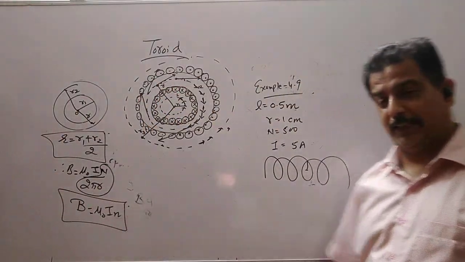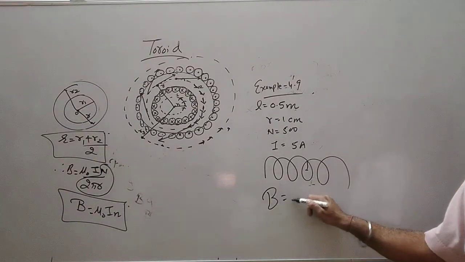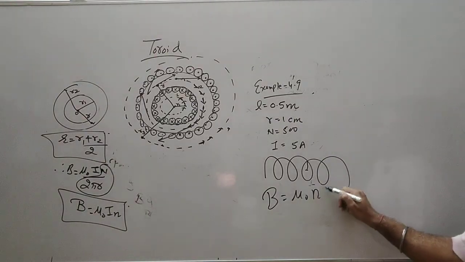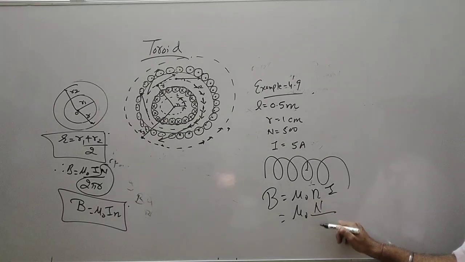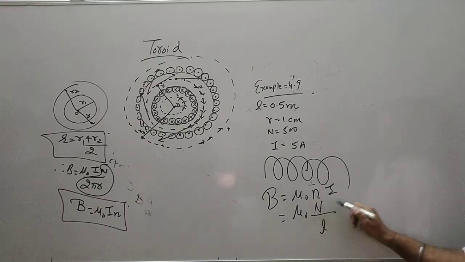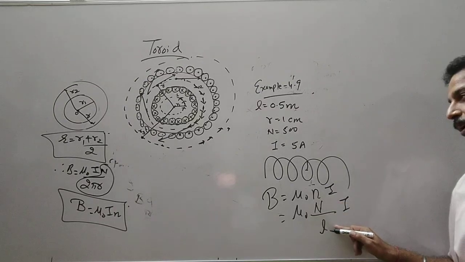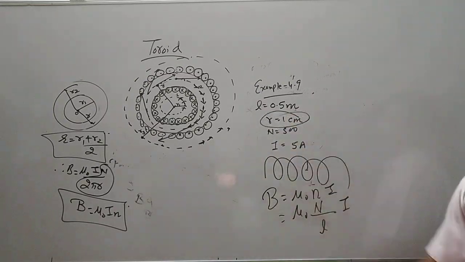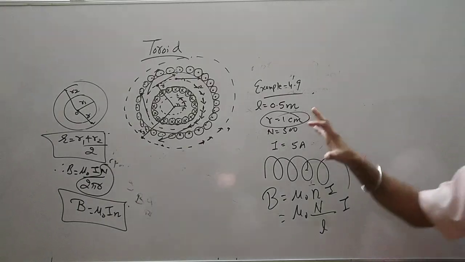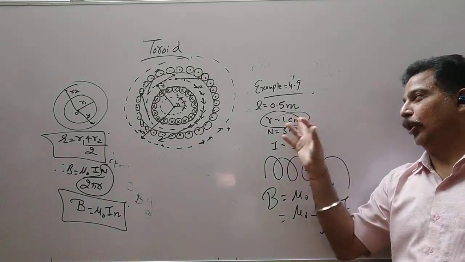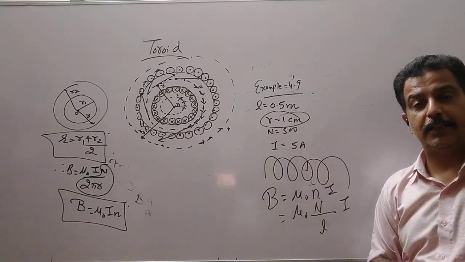We know the formula. For a solenoid the magnetic field intensity is mu naught n I. In the place of small n, we have the number of turns per unit length, so here we put it as N upon L. We are not using the radius, but the radius is given because it is a very long solenoid. You see the difference between the length and the radius.